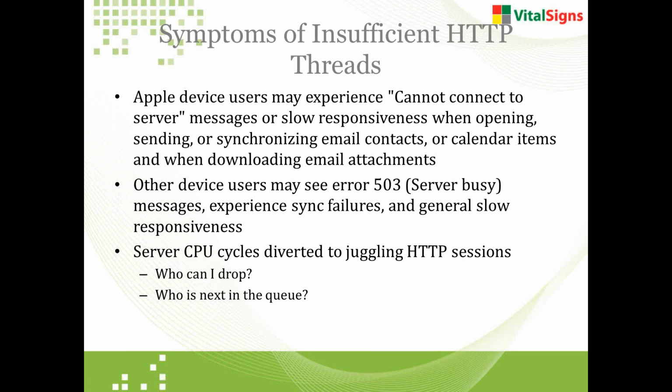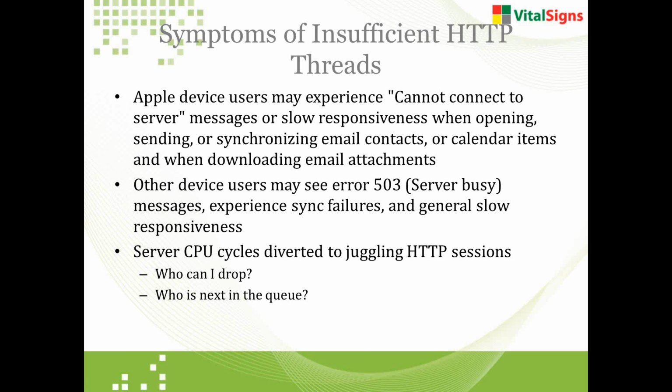when you have insufficient HTTP threads, in that case, the end users tend to notice it because it's kind of right in their face. So what happens in that case is the server CPU is diverted from its primary task of doing device synchronization to juggling HTTP sessions.